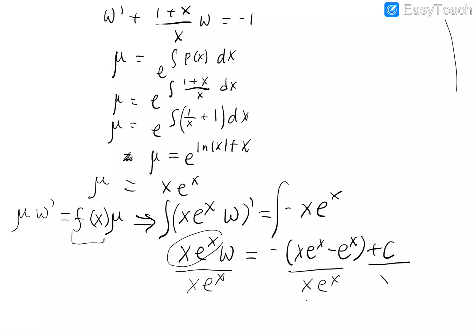You notice that this term will cancel with this, and then we'll be left with an x when we divide by those. So we'll see that. That's going to equal w is equal to negative 1 plus 1 over x plus c over x e to the x.